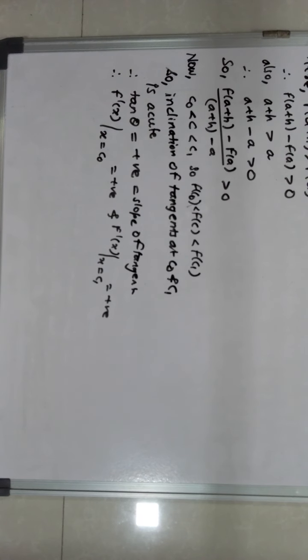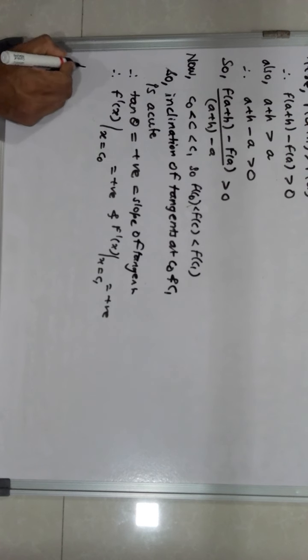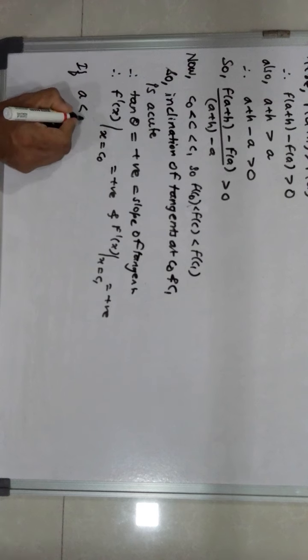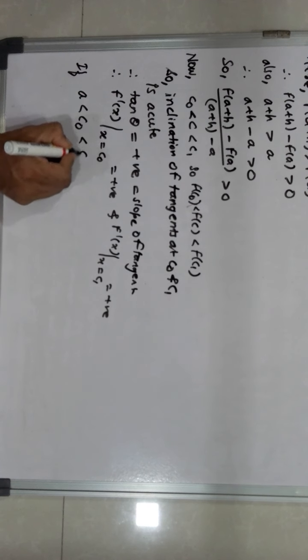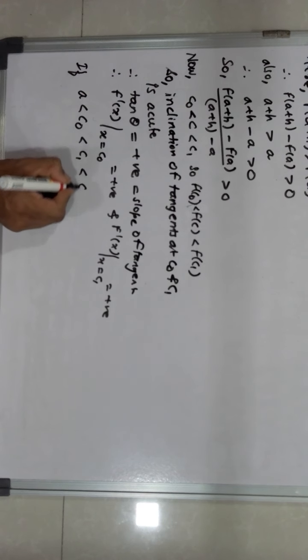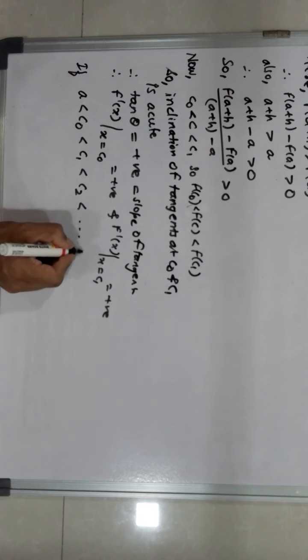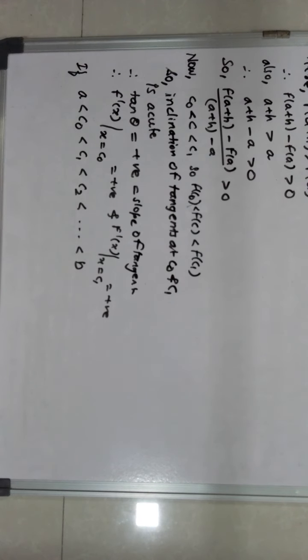That is, if here you have A which is less than C0, which is less than C1, which is less than C2, which is less than, and so on up to B. Then for every point between A and B, I have found out that as the value of x increased, so does the value of y increase.